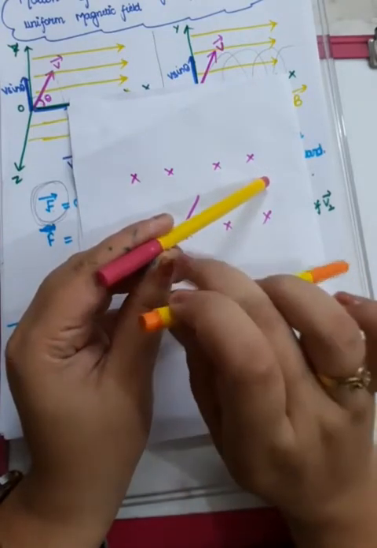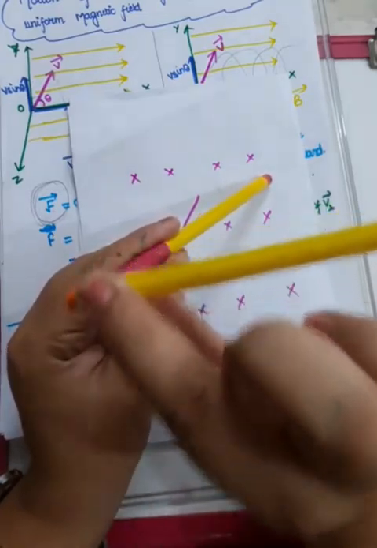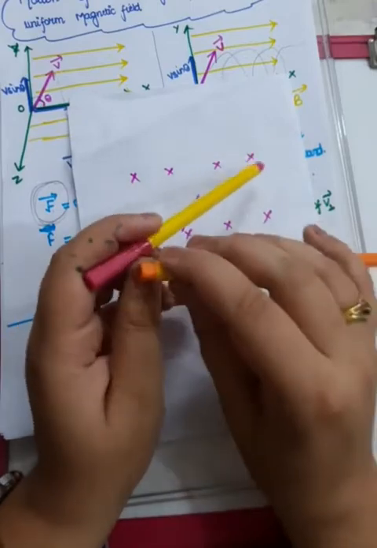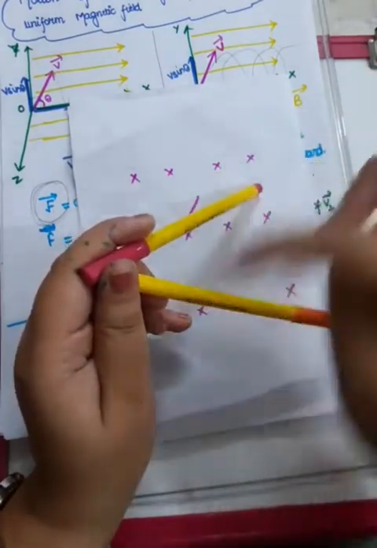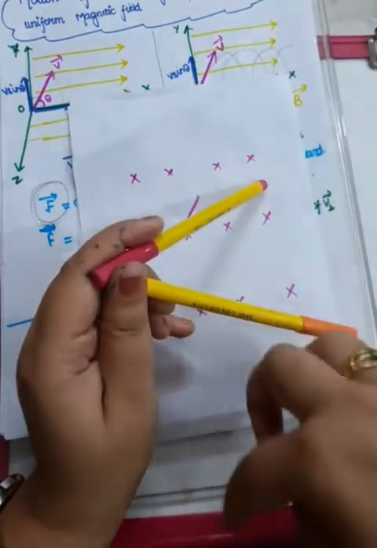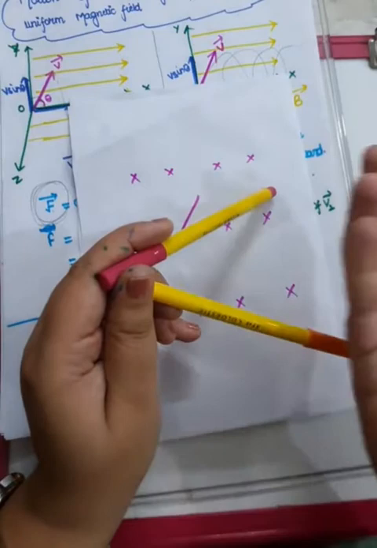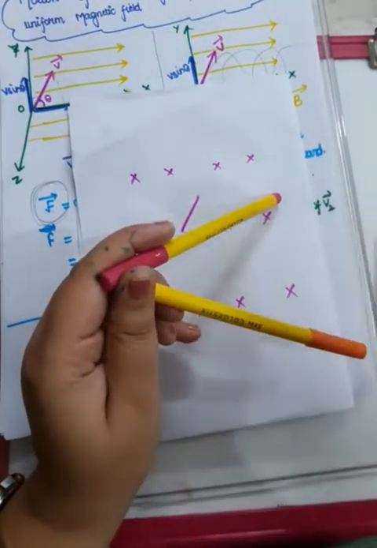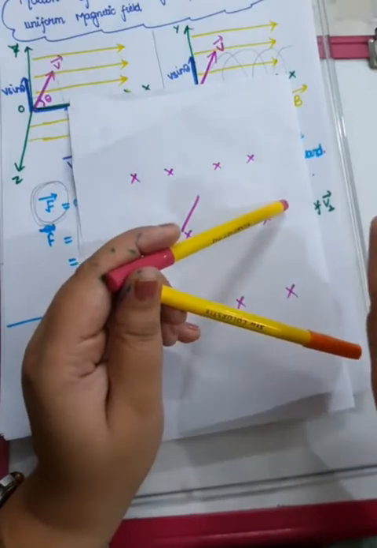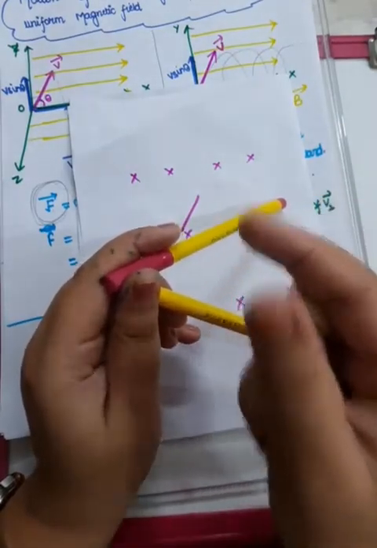So this velocity vector, the charged particle's velocity, can be resolved into two components, one directed along the magnetic field and the other one downwards, which is V sin theta. And you know that there is no effect of the magnetic field on V cos theta, rather it acts on V sin theta, and the short name we have given to V sin theta is V2 vector.